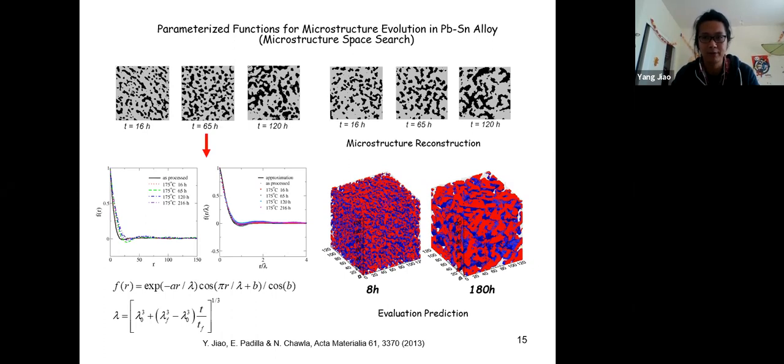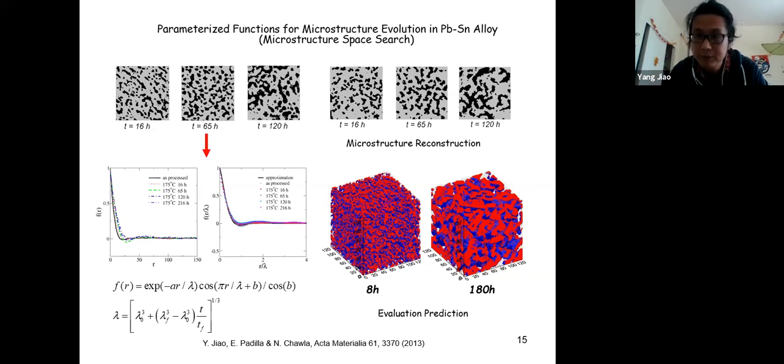If you heat up this alloy below the melting temperature, the phase is going to develop and the black phase will get thicker and thicker. This microstructure is very well approximated by an analytical correlation function, and we can parameterize this function to generate the whole spectrum of microstructures. So this basically shows its capability as a quantitative microstructure representation.